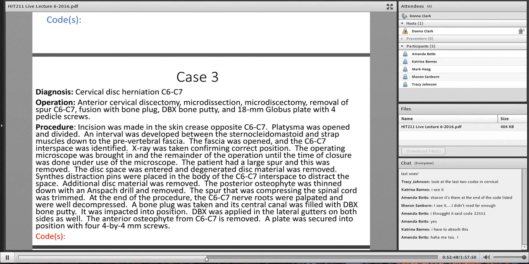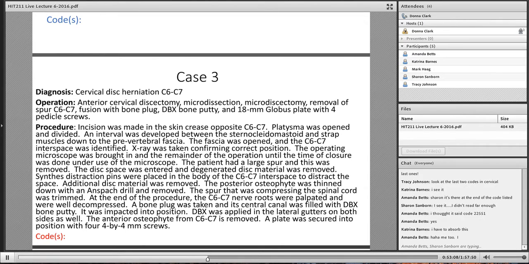So we've taken care of all of that. Do you see that? So that one code, that 22551, has taken care of the discectomy, decompression, and the fusion. But we had to pay attention to that note, right?